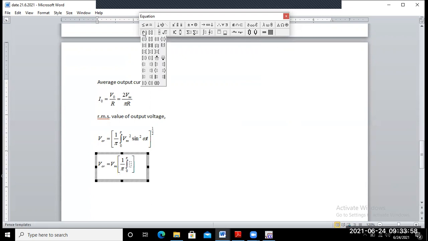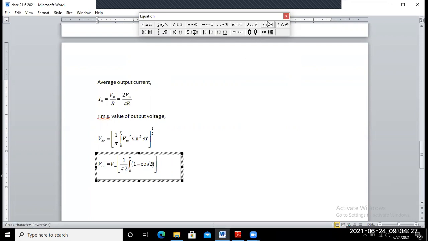So here we put 1 minus cos 2 omega t, with the 2 written in the denominator, into d omega t, whole to the power 1 by 2.